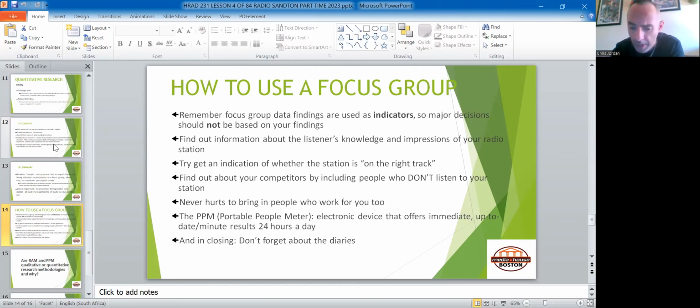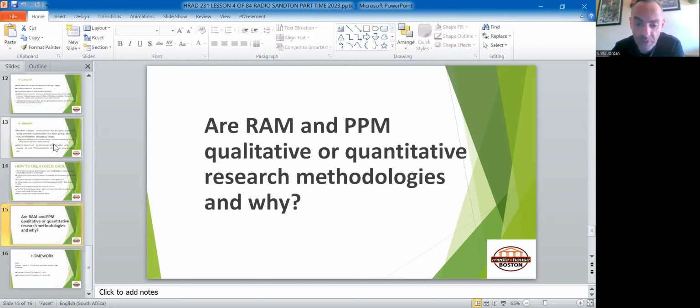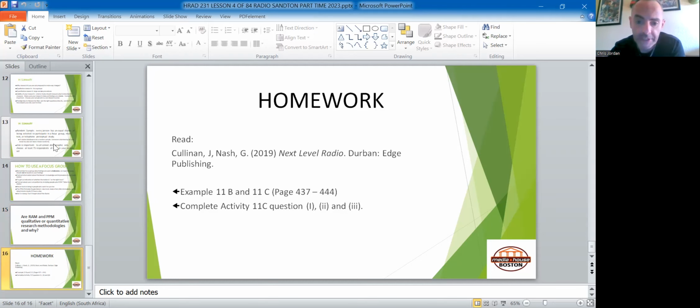For the why, you have to substantiate exactly how each one of the methodologies is performed and why you understand them as qualitative or quantitative research. Then your homework is example 11b and 11c, and complete the activity for 11c, questions 1, 2, 3. So we can go back to the book.